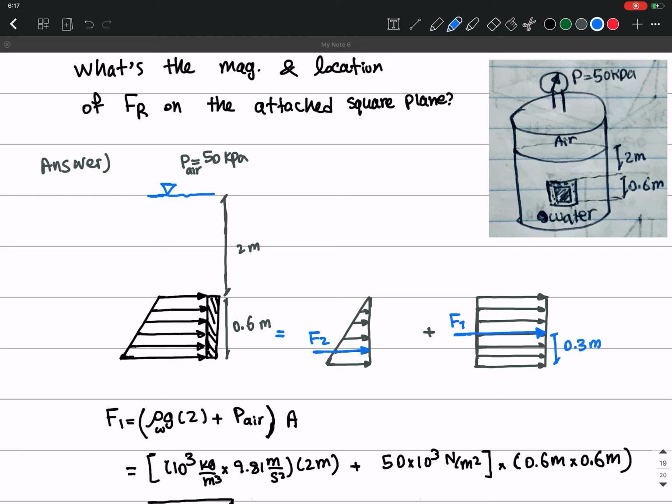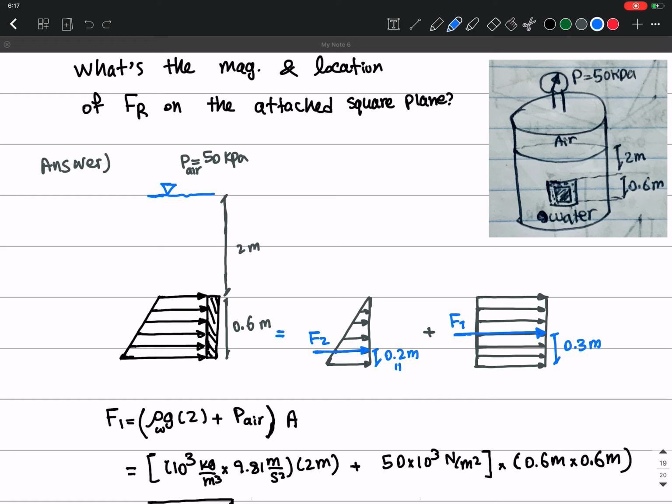And this one is going to act at the average of that. From the triangles that we know, it is going to be 1/3 of this side, right? So this acts at 0.2 meter, which is 1/3 of 0.6 meter, right?